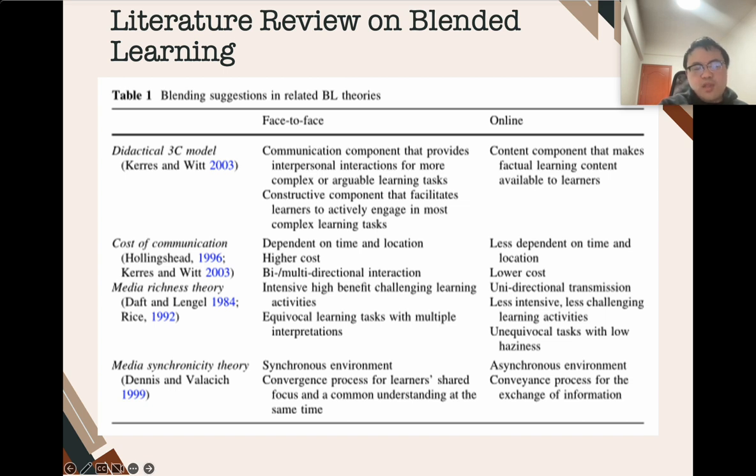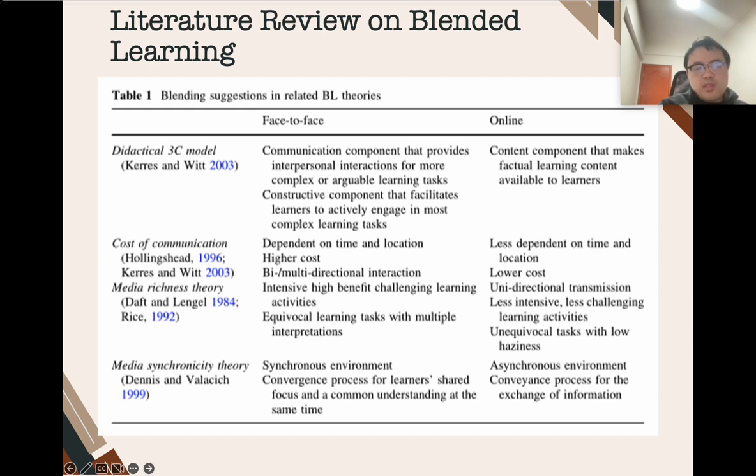So there are many theories that support the implementation of the three components, such as the course of communication theory, the media richness theory, and the media synchronicity theory. The course of communication basically tells us that the higher the course, the higher the communication, the higher the cost, then the more complex the learning task should be.